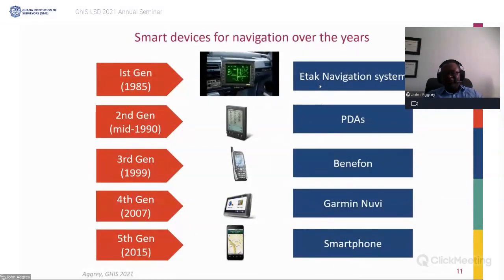So this is just to give you a brief history of all of these smart devices and how far we've come in terms of the evolution of smart devices.